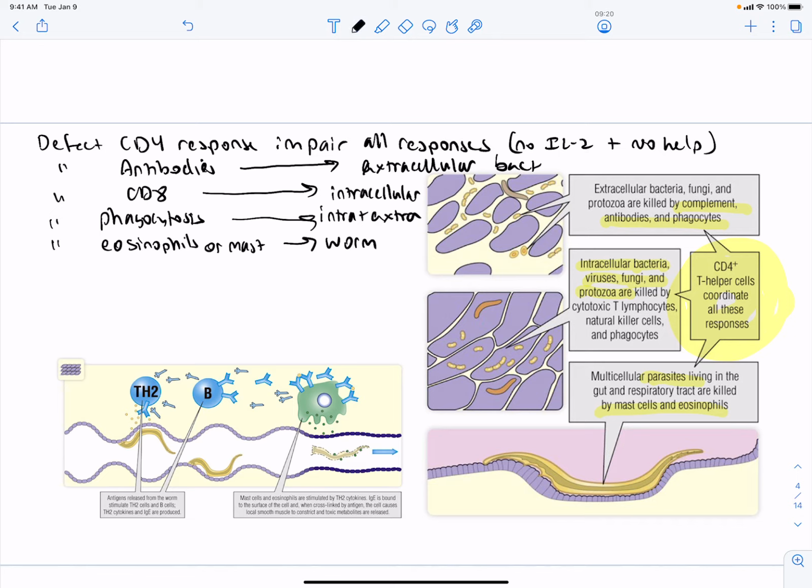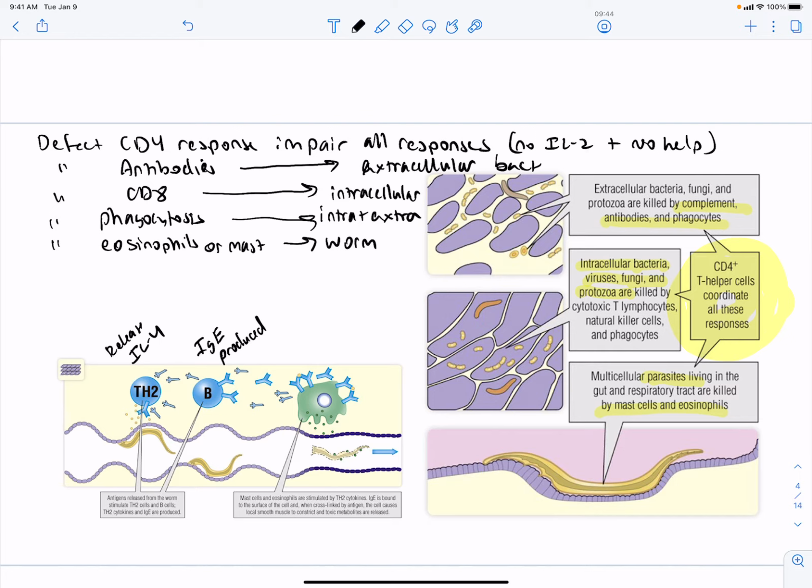So here we have a T helper 2 cell, and this is a parasitic worm infection. This T helper 2 cell will release IL-4 because that's a T helper 2 cytokine. And this will give the B cell help and a heads up that you need to have IgE produced.